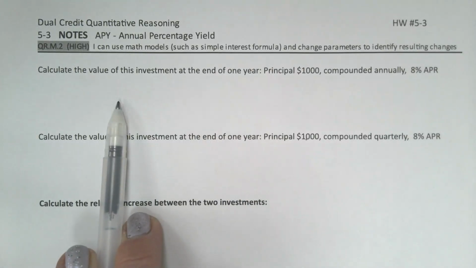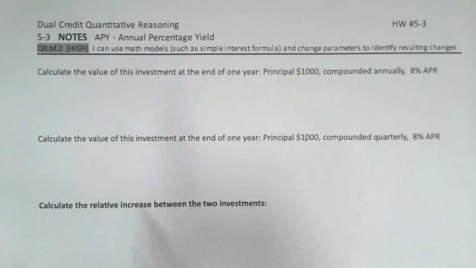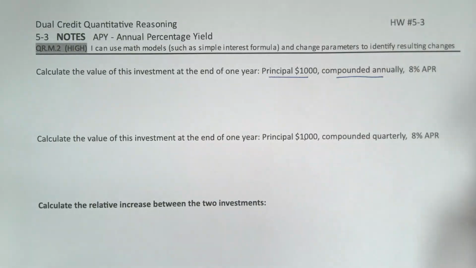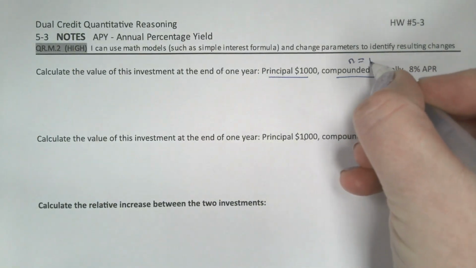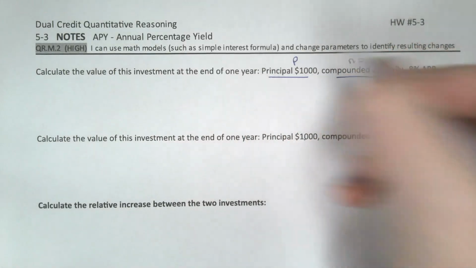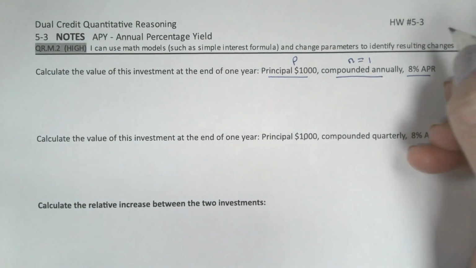All right, so first we're just going to calculate the value of this investment at the end of 1 year. So we have principal compounded annually. That tells me N is 1. That tells me the p-value at the 8% APR.